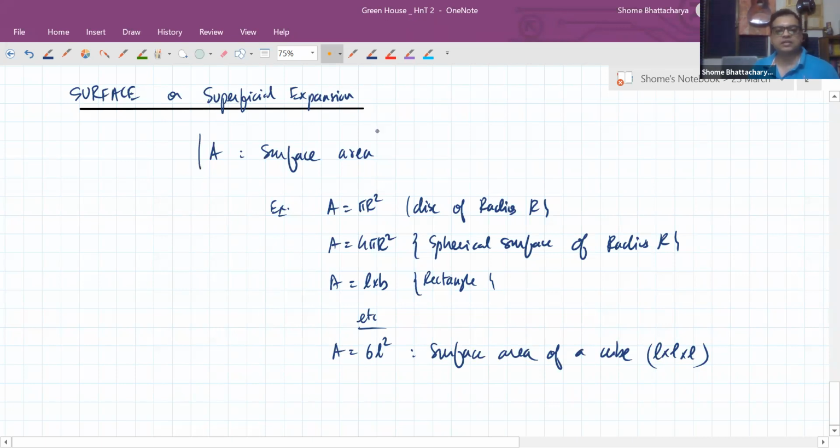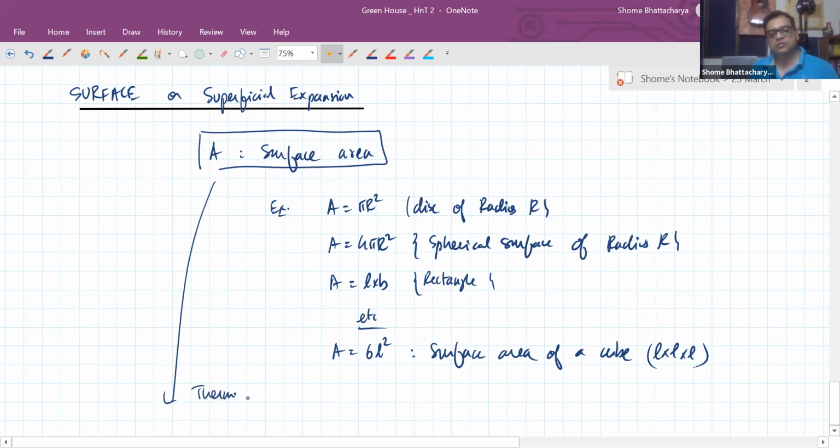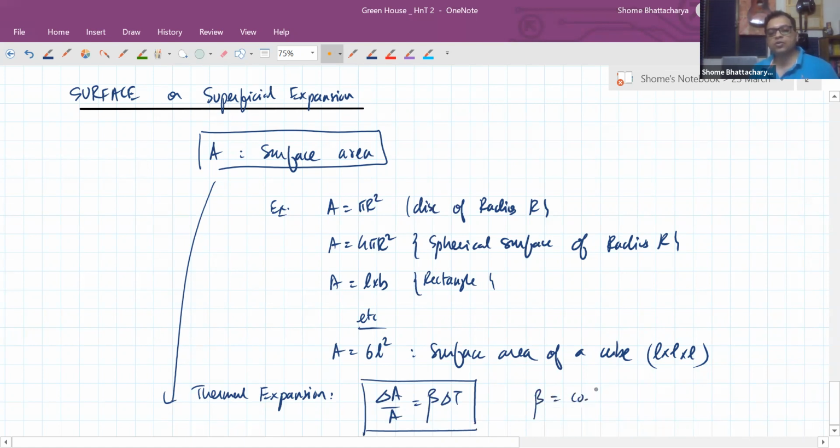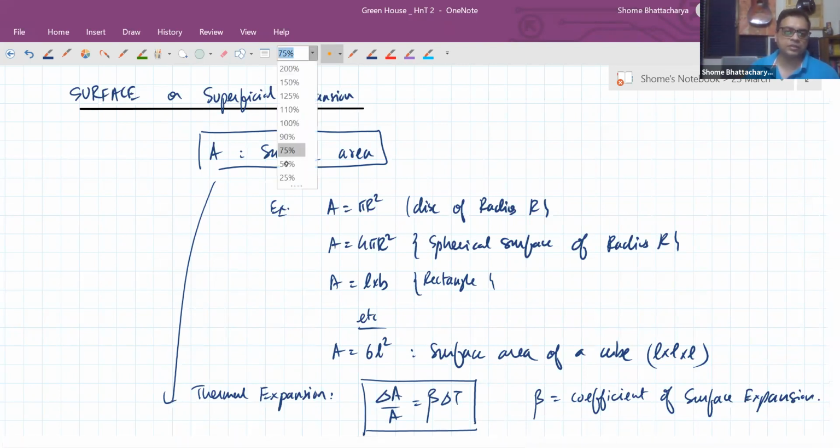Now, any surface area also undergoes thermal expansion according to the formula that fractional change in area is directly proportional to temperature change. Okay. And the constant of proportionality beta is called the coefficient of surface expansion. It's a very similar type of formula, which is a consequence of the formula we have seen earlier actually.